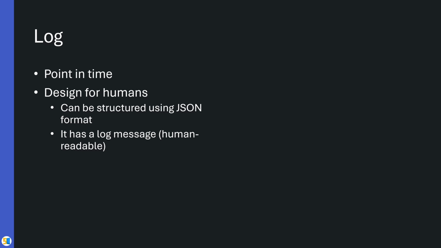And most importantly, it has a log message, which is human readable. Logs are mostly useful for startup or crashes, because at that time, usually trace is not available yet. And it's useful for canonical log.